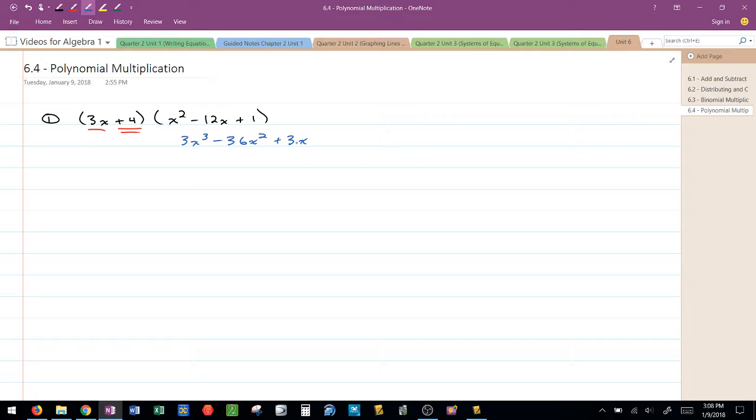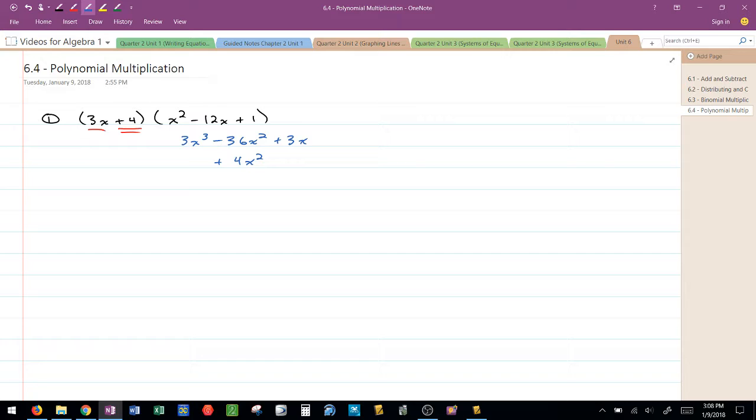Now I have to distribute the 4, but instead of doing it horizontally, in other words, writing out all the way across like that, what I like to do instead is think ahead that I'm also looking to combine like terms. So when I distribute the 4, I get 4 times x squared is positive 4x squared. I already have an x squared, so I'm going to write that underneath the negative 36x squared.